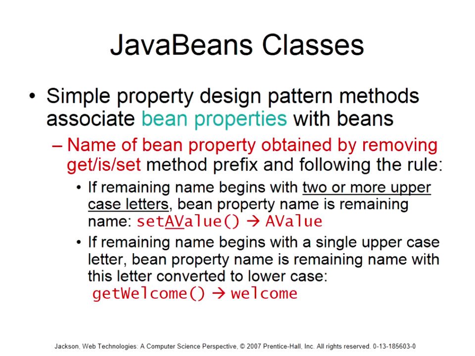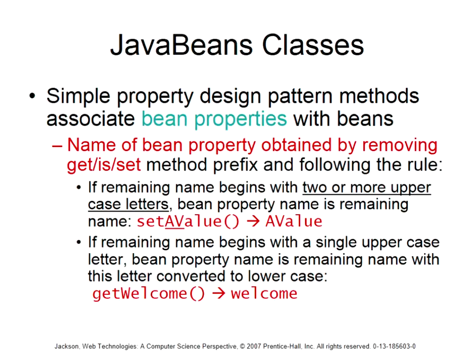So simple property design pattern methods associate bean properties with beans. The name of a bean property is obtained by removing the get, is, or set method prefix and following this rule: if the remaining name begins with 2 or more uppercase letters, the bean property name is the remaining name.